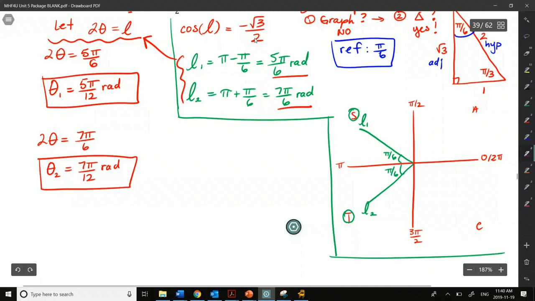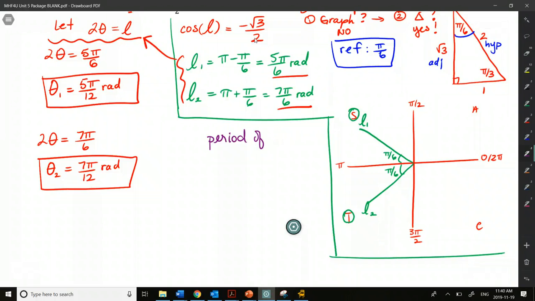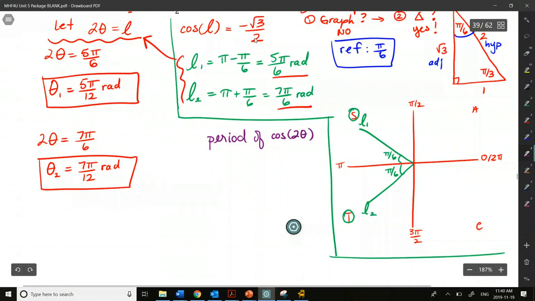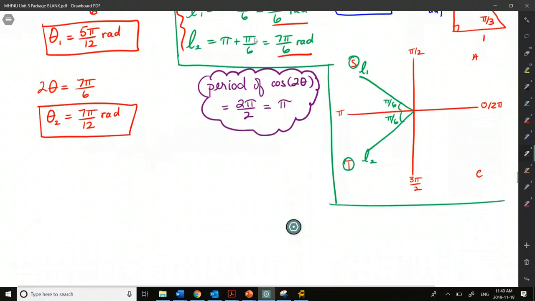What is the period of this? Sorry, it was cos 2 theta. Pierce? Oh, it's 2. That's the k value. Pi. Apologies. Okay, so it'll be 2 pi over the k value, which is 2, which will give us a period of pi. Okay, this is what we're going to add to theta 1 and theta 2 to get our theta 3 and theta 4.